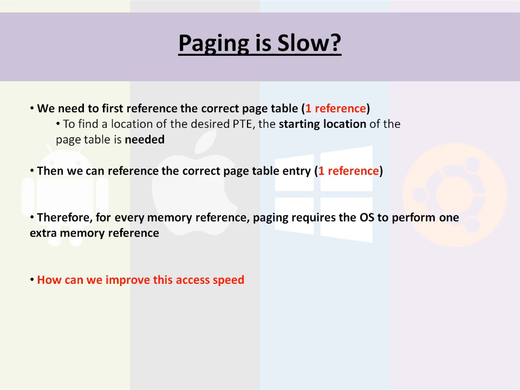When asked, for example, what are the advantages of arrays, your answers would be spatial locality or temporal locality. Those are the techniques that we can apply to make paging a lot more efficient, and that's what we're going to look at in the second part of this paging lecture.